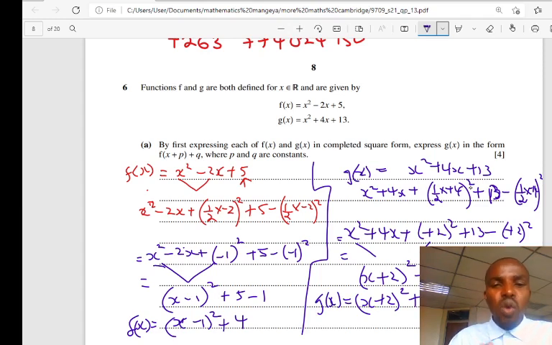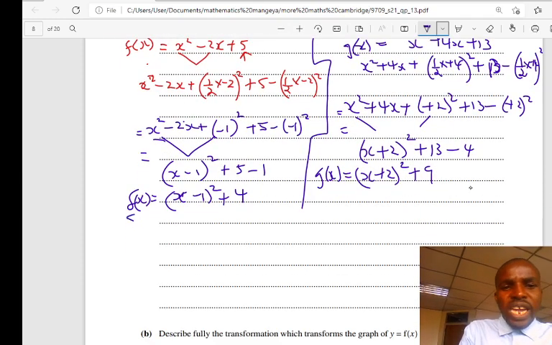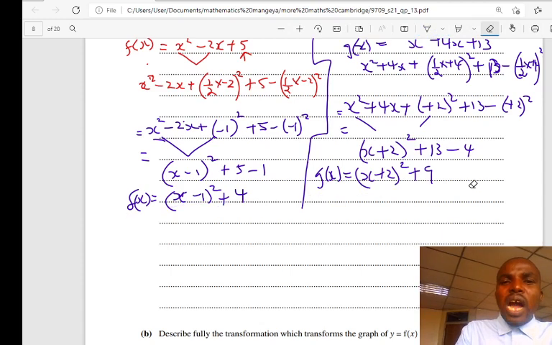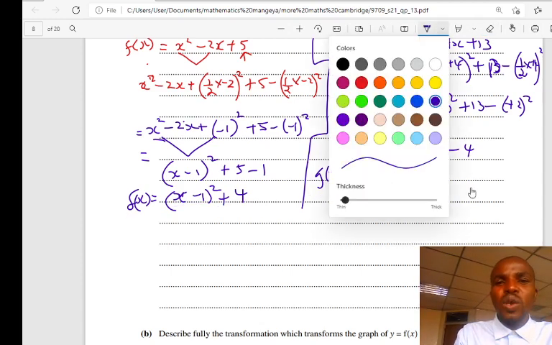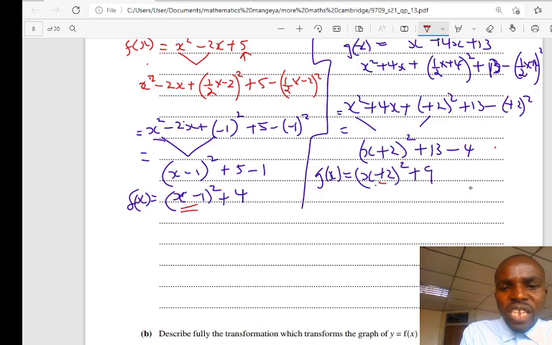That's the first part, completing the square. Then the second part is to express g of x in terms of f of x. Right, what you have to do here is find out how we can get g of x from f of x. Like here we have what is inside the brackets, we have minus 1 here, we have plus 2 here.